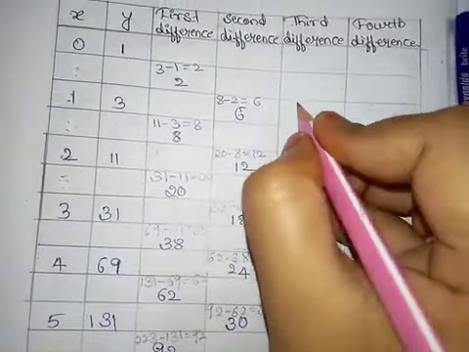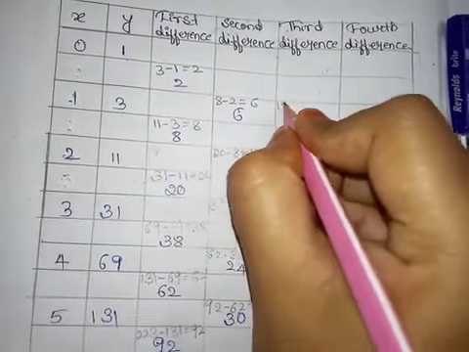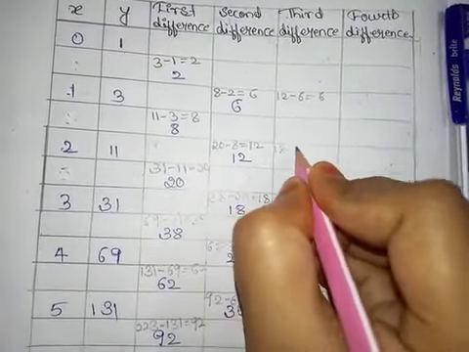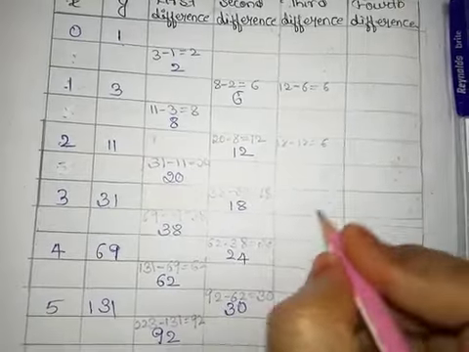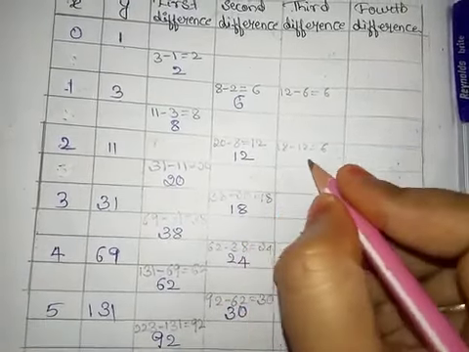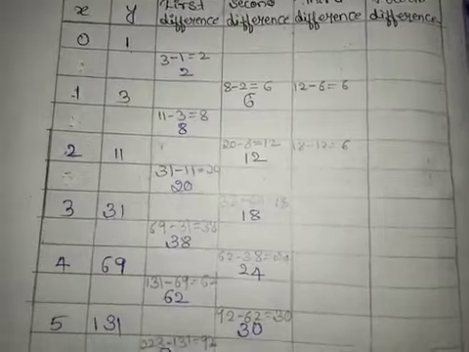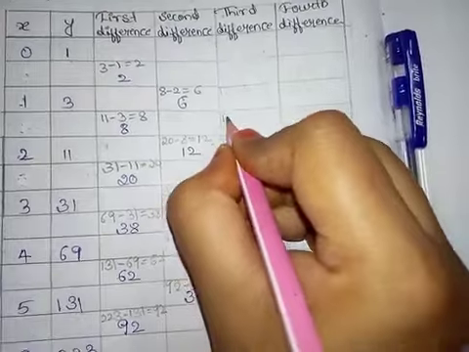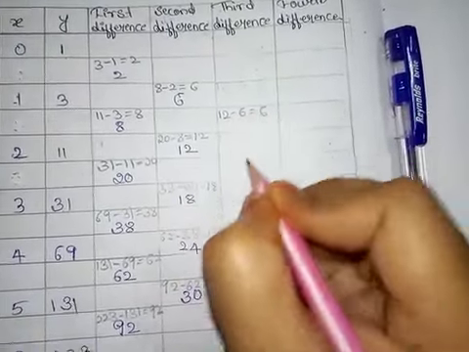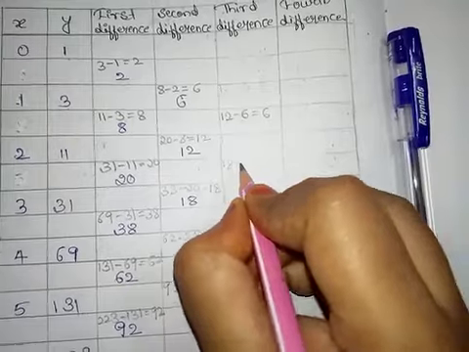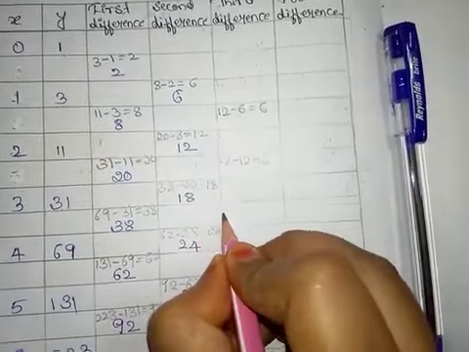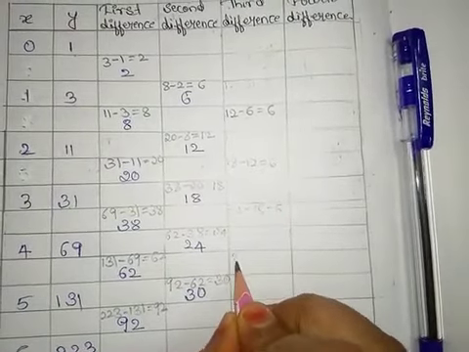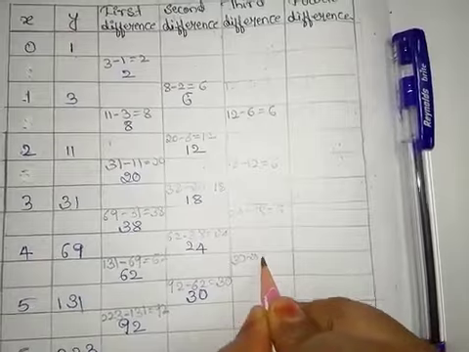Similarly, here it will be 12 minus 6 is equal to 6, 18 minus 12 is equal to 6, and I have to write this number in between 12 and 6. 12 minus 6 is equal to 6, and in between 18 and 12, 18 minus 12 is equal to 6. 24 minus 18 is equal to 6, and 30 minus 24 is equal to 6.